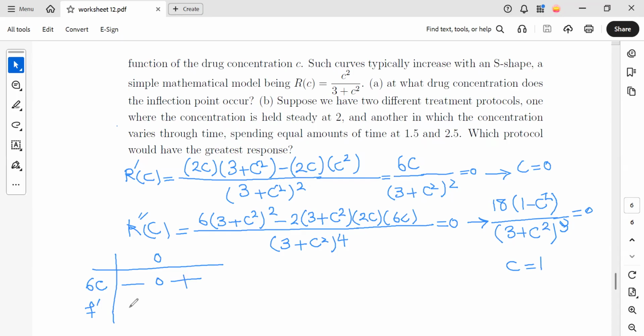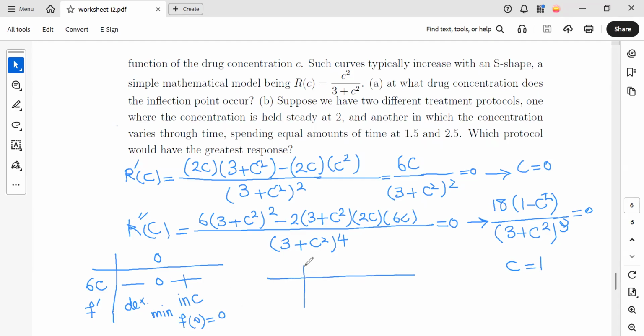It means that it is decreasing and after that it is increasing. So it means that you have a minimum here. And the minimum is at the point 0. And when you plug in 0 to the original function, it will be 0.